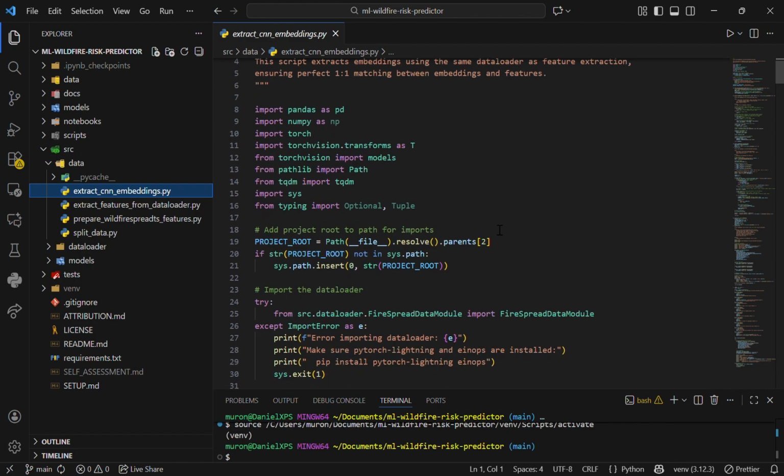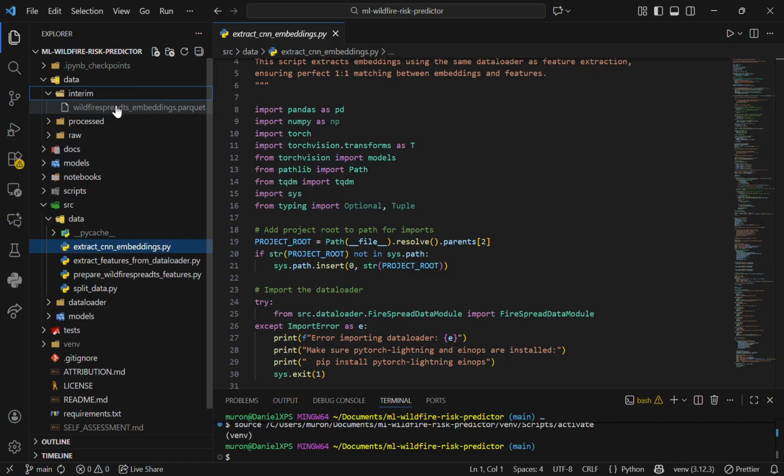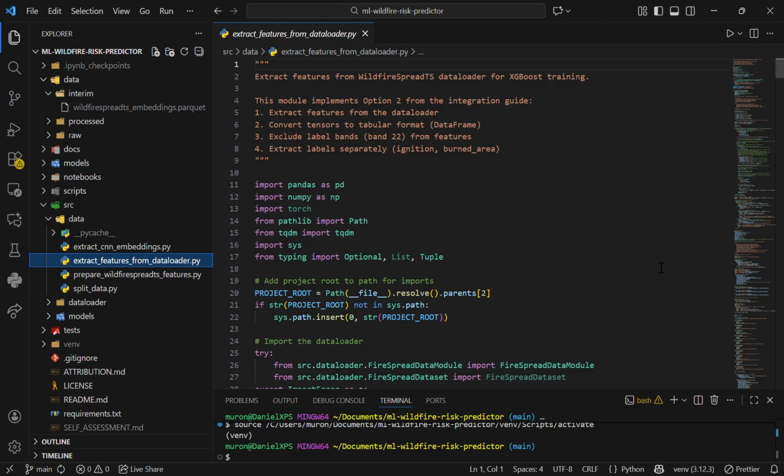These embeddings are then stored in a parquet file in the data interim folder. These CNN embeddings are then combined with the geospatial features from the dataset, and the GeoTIFF files are read to extract the ground truth labels, which are the ignition, which is a binary indicator, and the burned area.